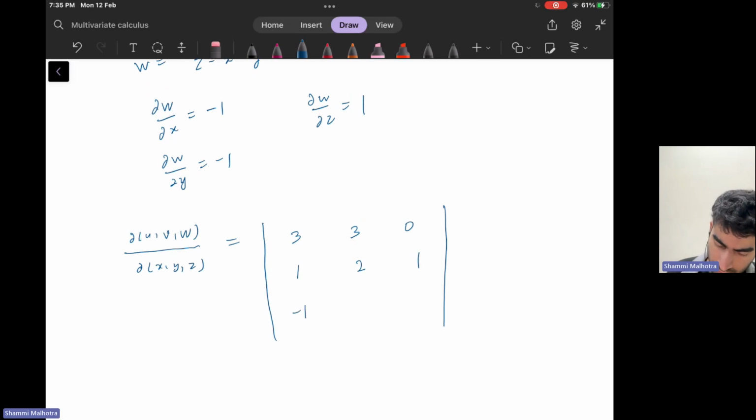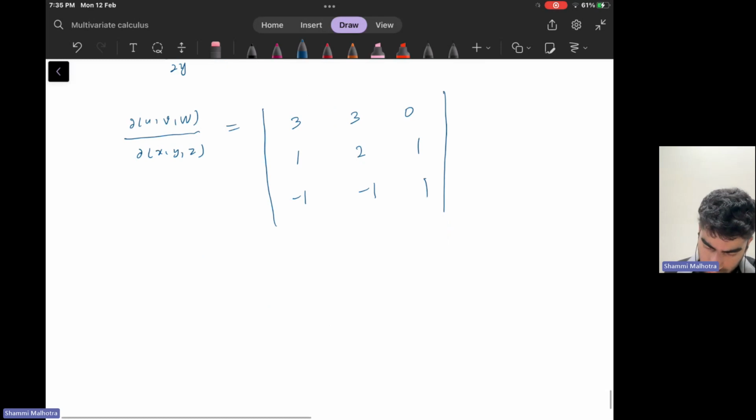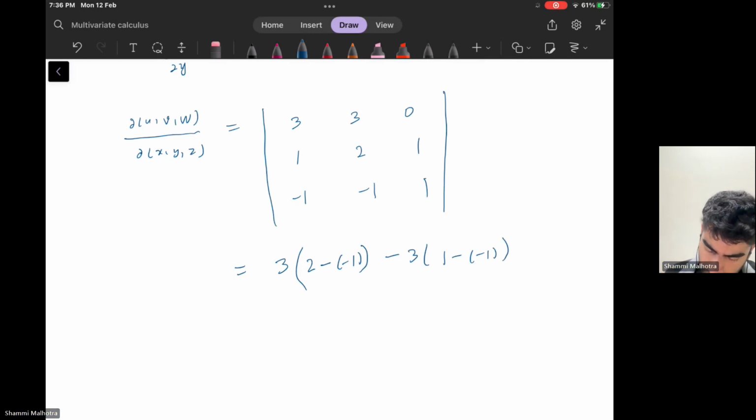And this is minus 1, minus 1, 1. So now you have to evaluate this determinant. We can evaluate it with the help of expansion. We know how to evaluate the determinant of a 3 cross 3 matrix. So this is 3 times (2 minus minus 1) minus 3 times (1 minus minus 1). So this would be 9 minus 6, which comes out to 3 only. So the value of this Jacobian is 3.